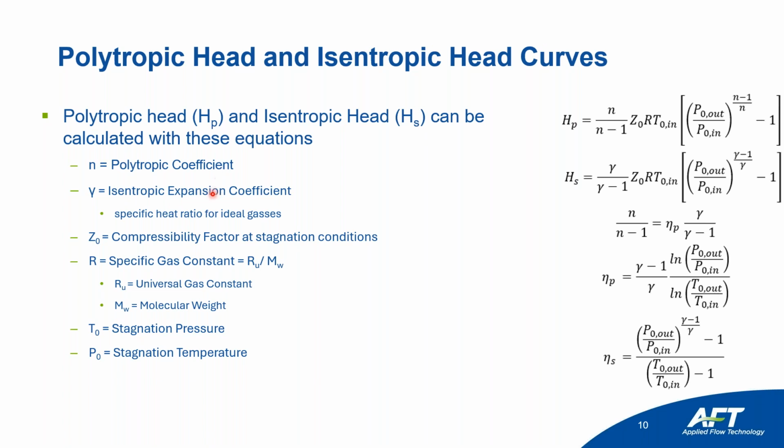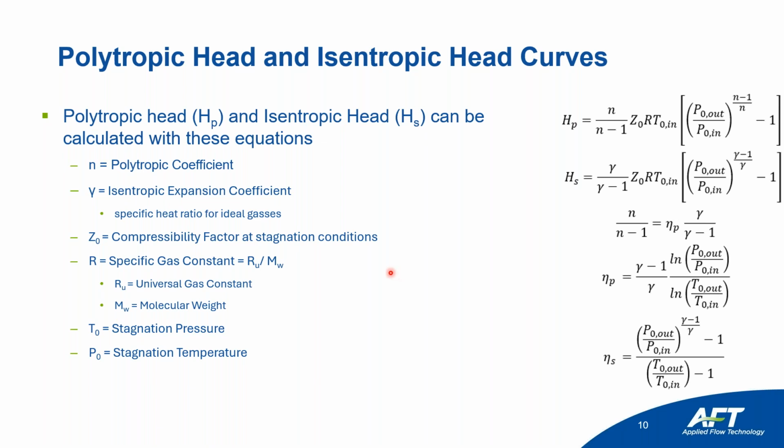Then we have that mentioned compressibility factor at stagnation conditions, which you can see here in the two equations. The specific gas constant, as I'm sure you know, is just the universal gas constant divided by the molecular weight of the gas.